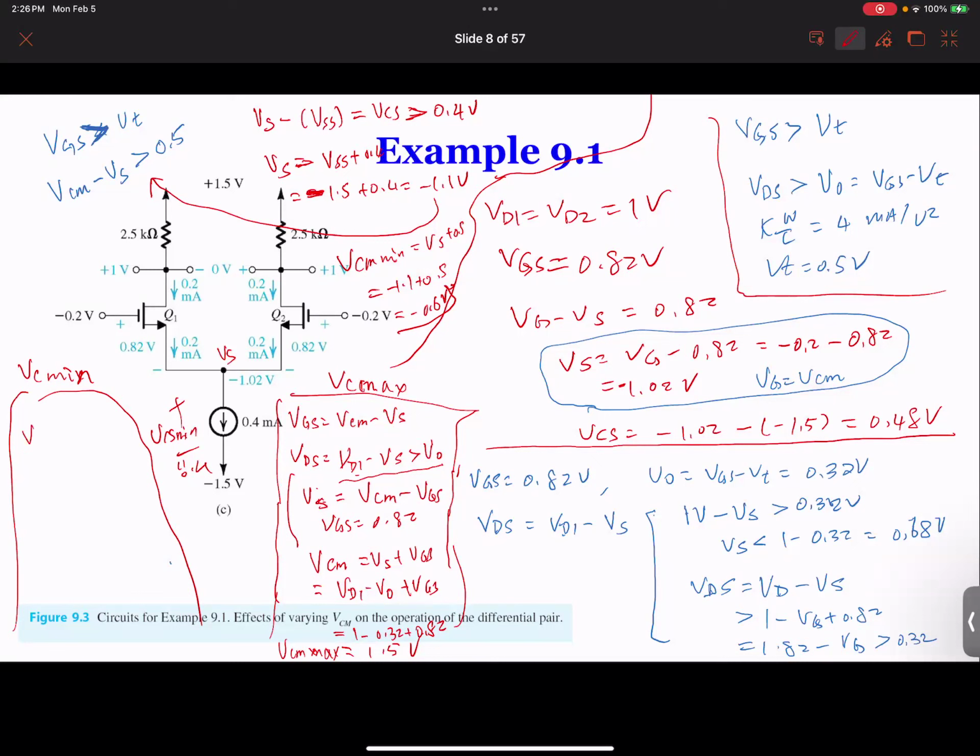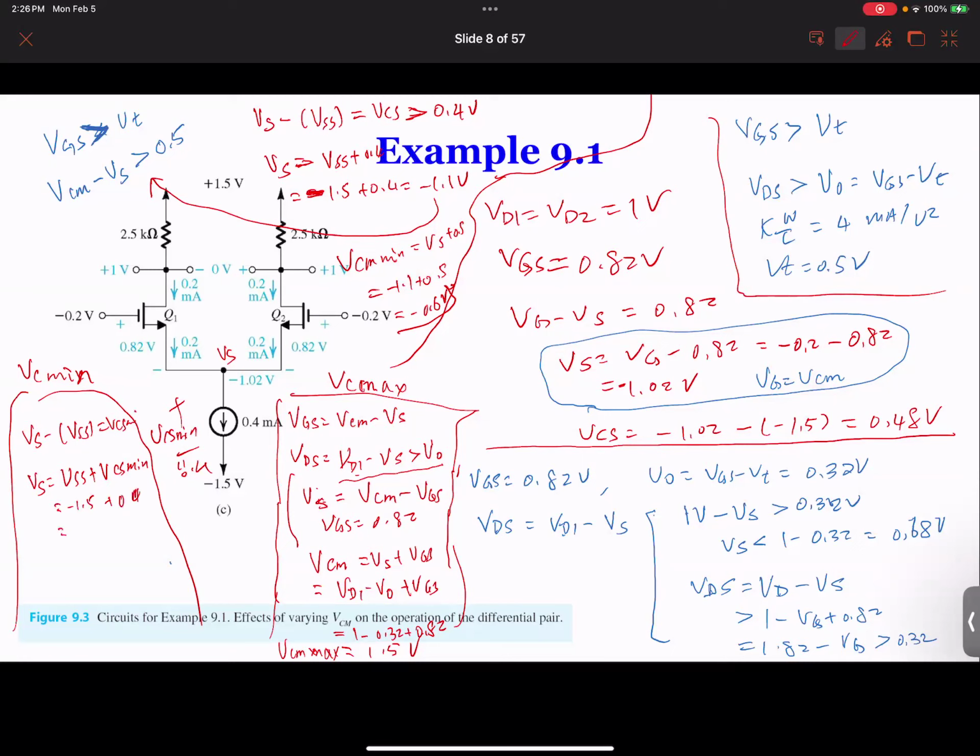But in this case, we have to calculate VS min. So VS minus VSS equals VCS, and VCS min is 0.4. So we got VS equal to VSS plus VCS min, equal to minus 1.5 plus 0.4.